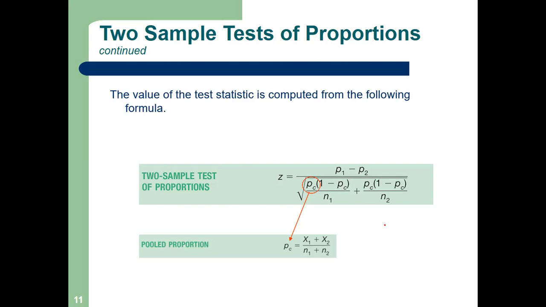Three elements. P1 is concerned with sample one, the proportion of the sample which likes the scent, suppose likes the fragrance. P2 is the proportion of older females who like the fragrance, and PC is the pooled proportion, which I have already explained. Pooled proportion is nothing but, if you see what is in the numerator, x1 plus x2.